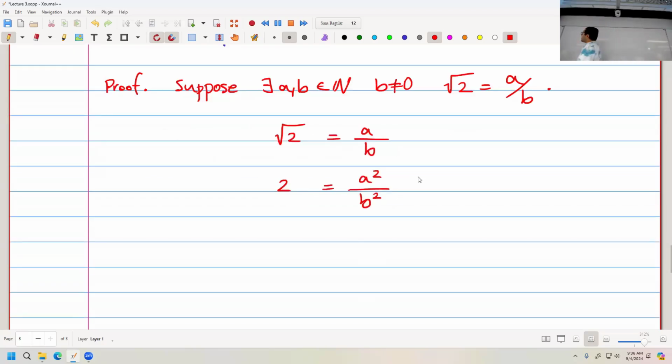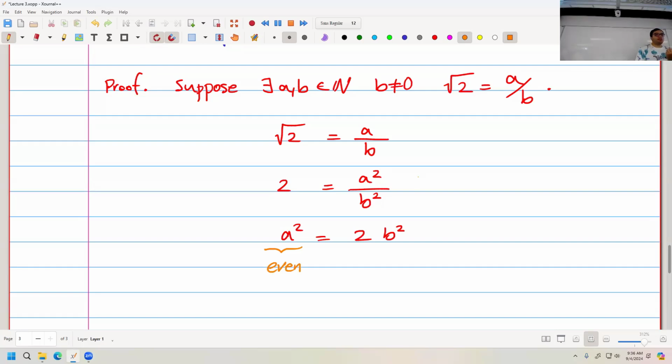But what does this tell me? This tells me that a squared is 2b squared, which means that a squared is actually even. But here's the thing, when can a squared be even?